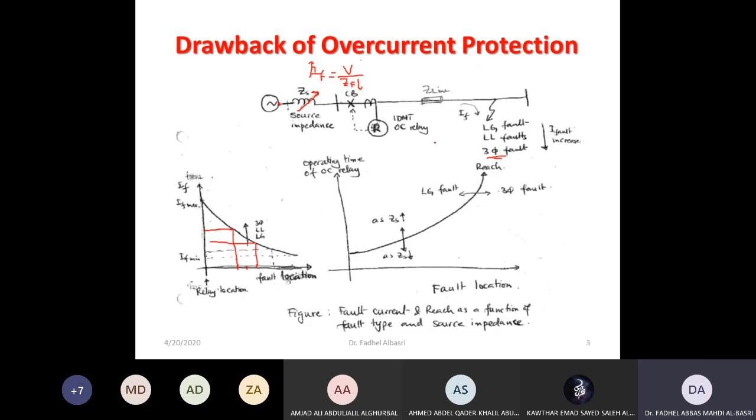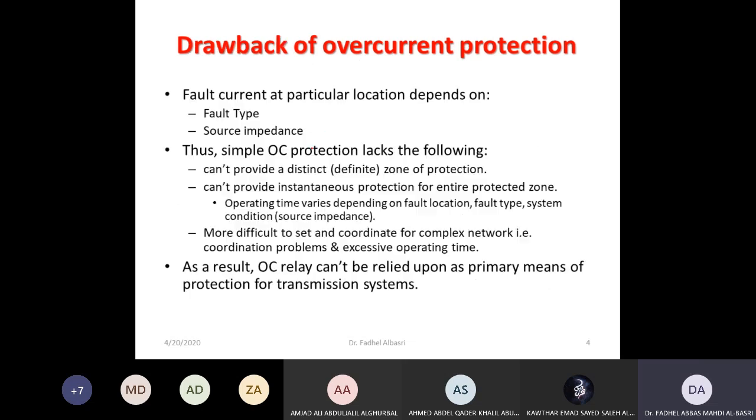And as a result, to overcome this problem, to get a relay that always has instantaneous action, okay, fixed time, and is not affected by the type of faults or system source impedance variation, the type of protection that provides this feature is the differential overcurrent principle.